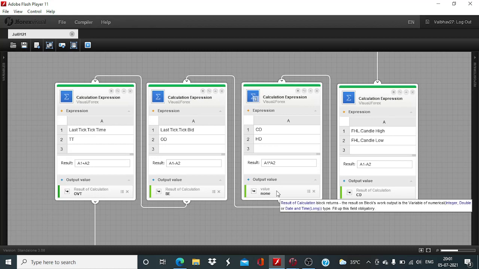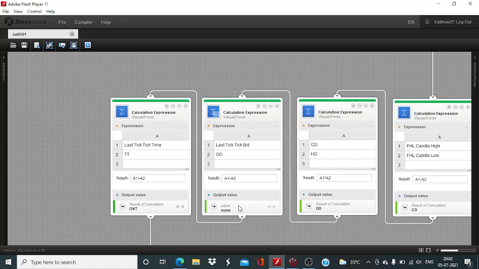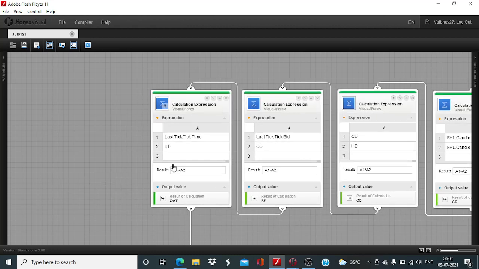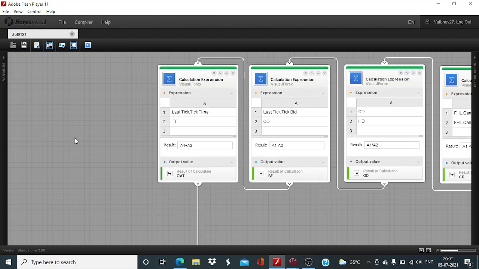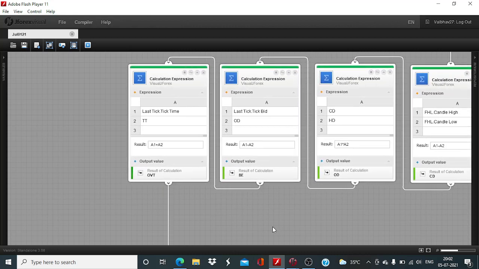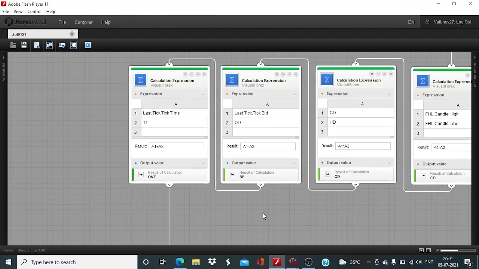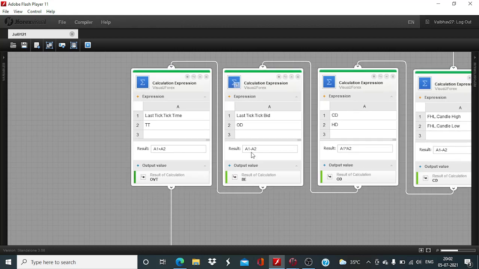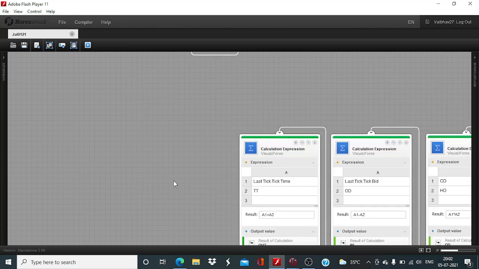So this output we will add to the last tick price, and that will be our sell entry point. Order validity is going to be 1 hour. For that also the calculation was carried out in the prior session. So this time only one more calculation will be needed, similar to this one. The only thing is, last time around we deducted, this time around we will need to add.